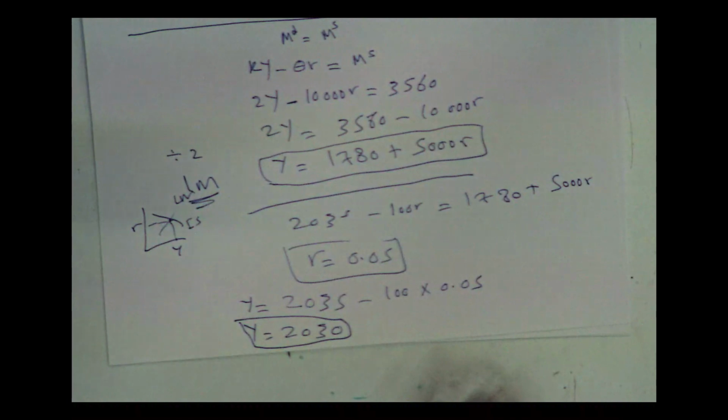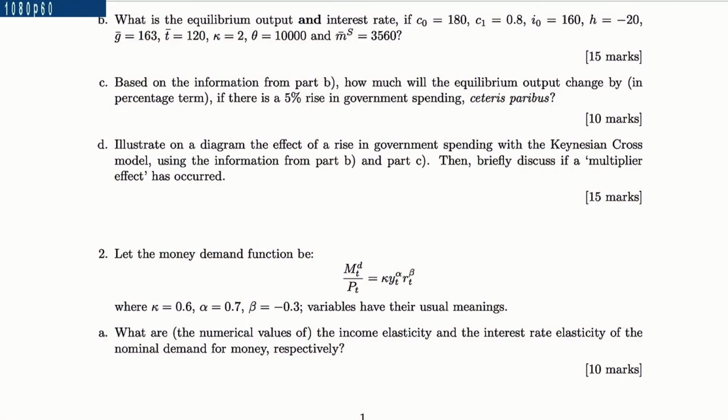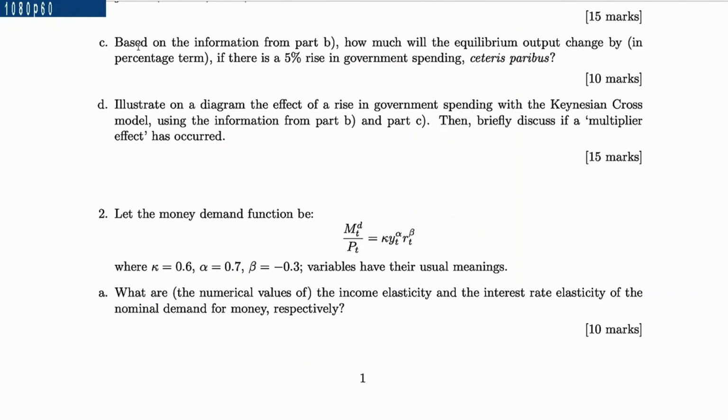So the second part of the question, based on the information you're given in part B, how much will equilibrium output change by in percentage terms if there is a 5% rise in government spending, ceteris paribus. So you could do that by, let's go back.